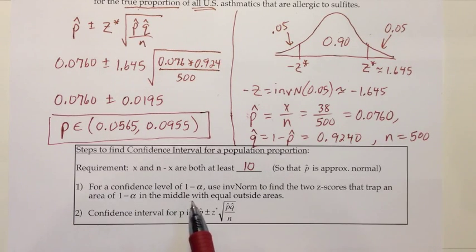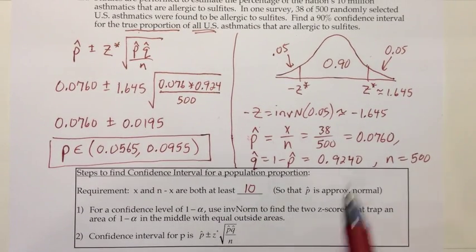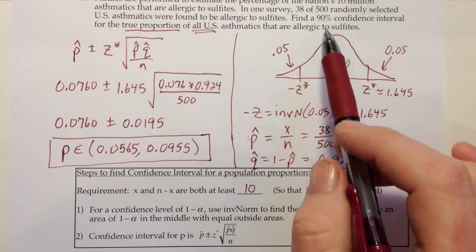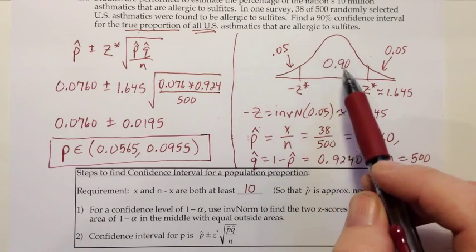And then for a confidence level of 1 minus alpha, we want to use inverse normal to find the two z-scores that trap an area of 1 minus alpha in the middle with two equal outside areas. Now that is the most confusing sounding part because of the 1 minus alpha, but they gave us a confidence level in this problem, and they'll do it in all of them. So when they say 90% confidence, we know our 1 minus alpha is 0.90, and we write that in the middle.